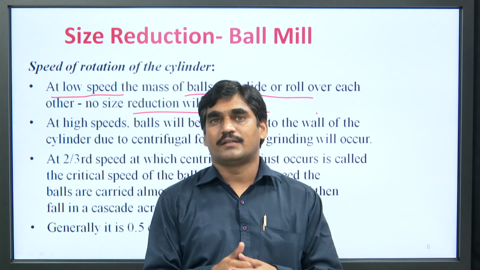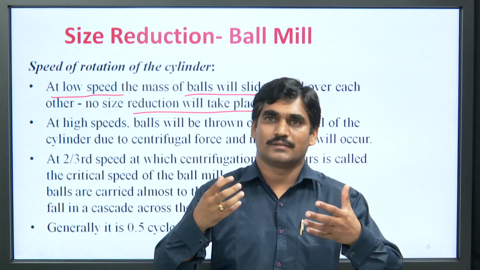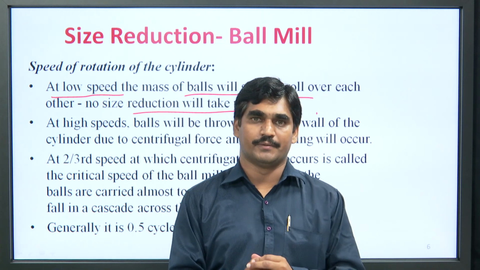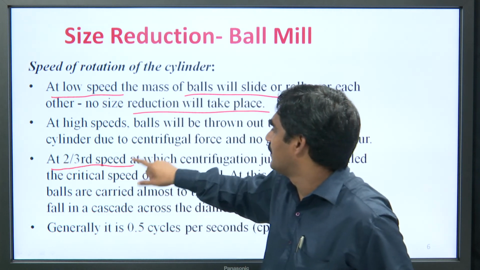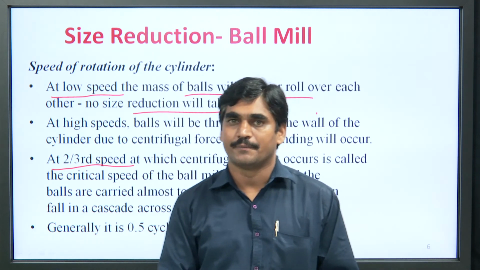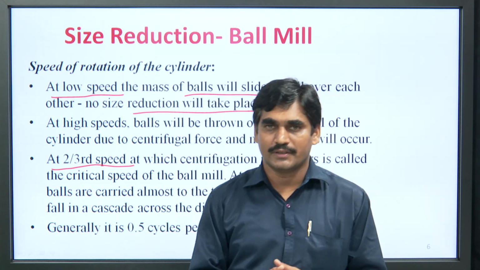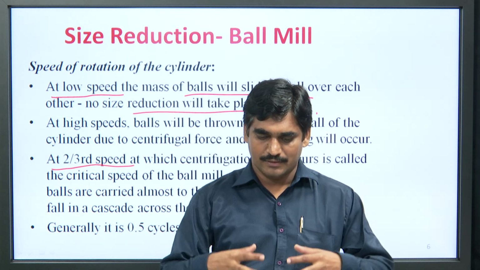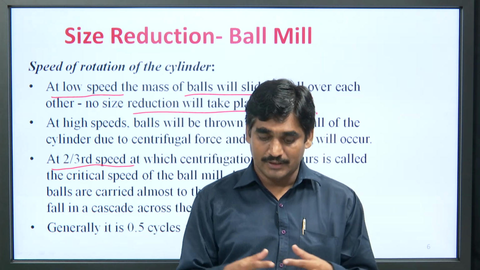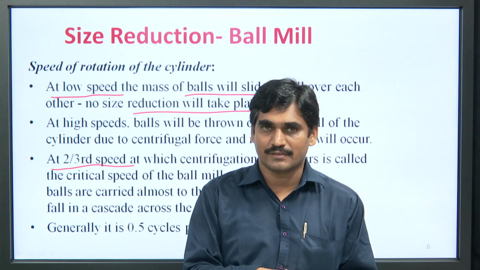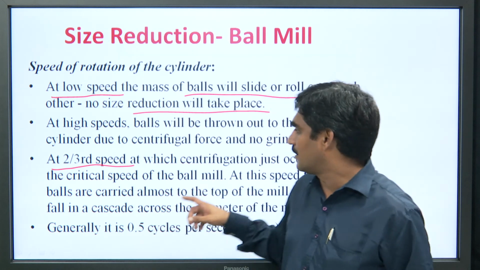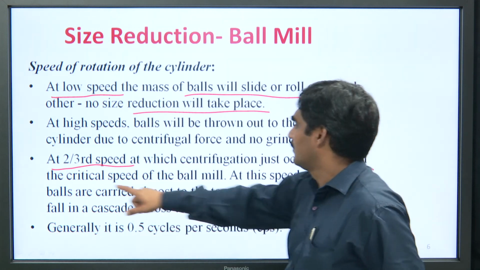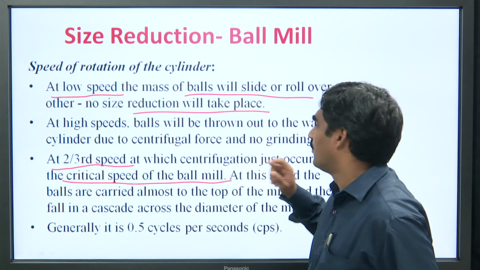The third case was, what will be the optimum speed? What is the optimum speed? 2/3 speed. So, at 2/3 speed, the speed at which centrifugation just starts or occurs is called the critical speed of the ball mill.